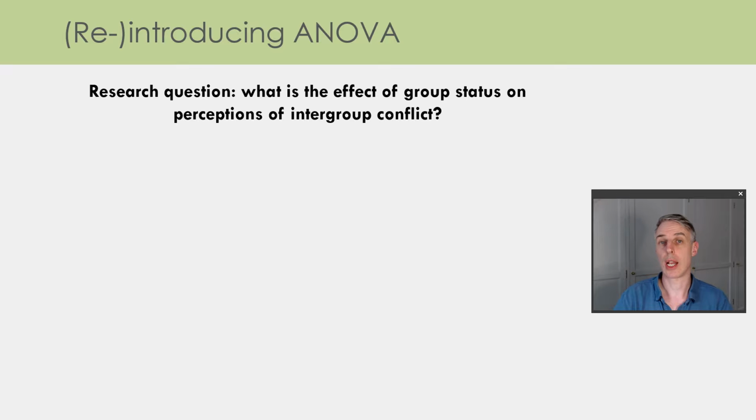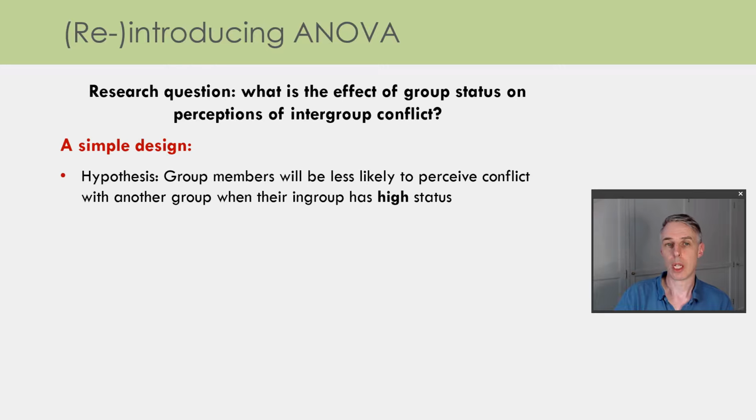Therefore, we're more inclined to play down the existence of conflict and to characterize the relationship as being a bit better than we might otherwise do. So, to test that idea, we might posit a hypothesis in the following terms. Group members will be less likely to perceive conflict with another group when their in-group, the group they belong to, has relatively high status.